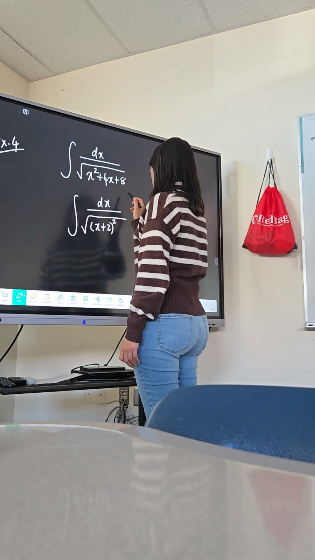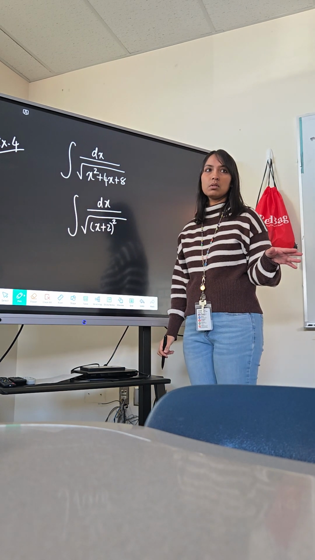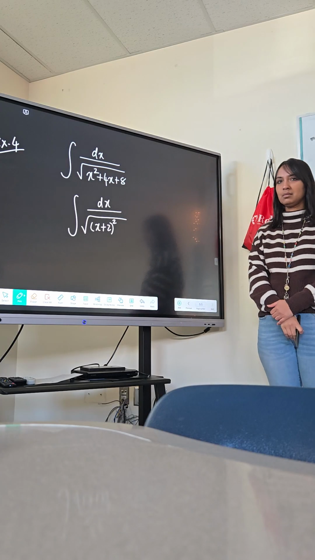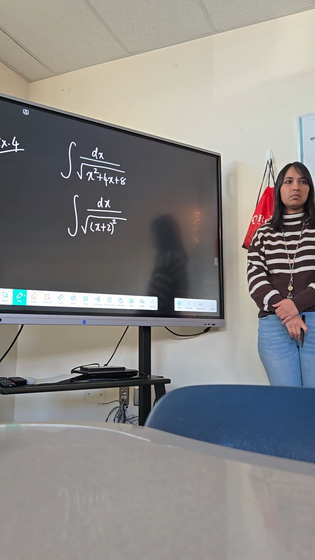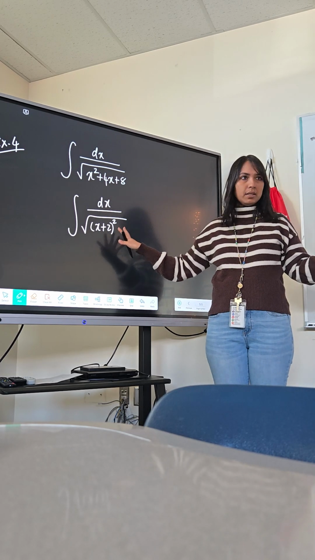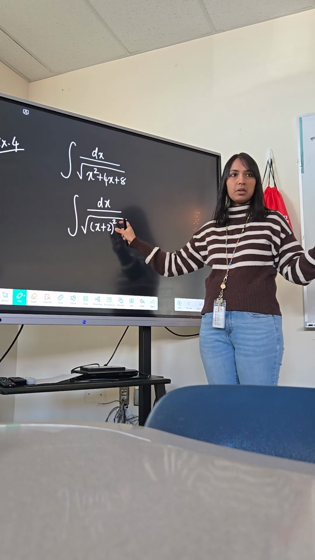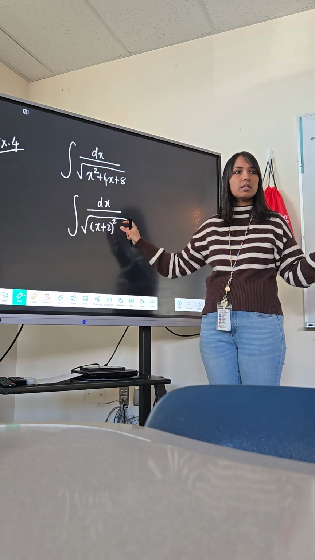Minus 4 from 8, which is... I thought it was minus 4 squared. No, that would be 16. It's minus 2 squared. Once you complete this part, you're always squaring this constant, whatever that number is, which is 2 squared is 4.